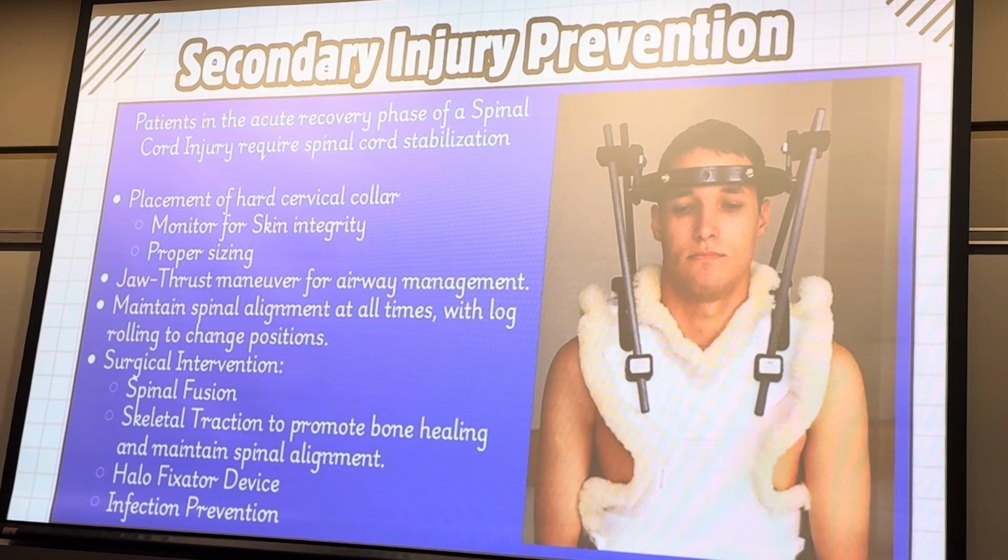We have to maneuver. We have to roll. We have to take care of our patients. In the very acute phase, the physician may not want you to turn at all, or they may put them on some type of brace or backboard that keeps them in true alignment and keeps them true to rolling. And then several days out, they may change the level of activity where you can start to do some of these types of position changes.